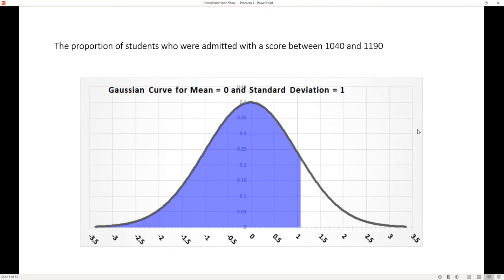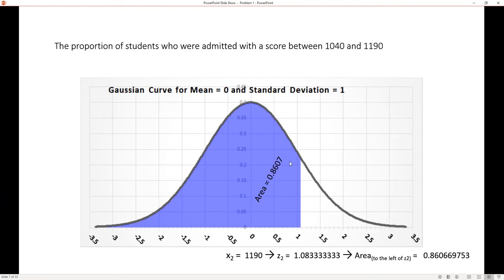Let's go to the next diagram because I have the value put in over there. Here you can just see I have an x2, or an x value, of 1190, which corresponds to a z value of 1.083333. And now that corresponds to an area to the left of z of, well, I kind of got it right. It was more than 80%, and that worked out to be 0.8607-ish.